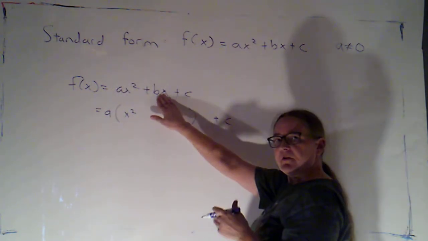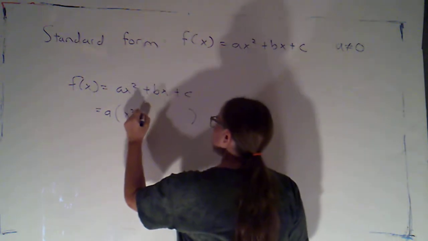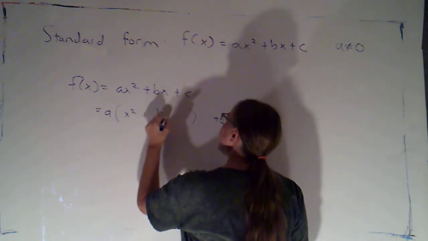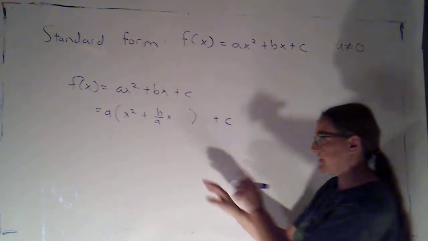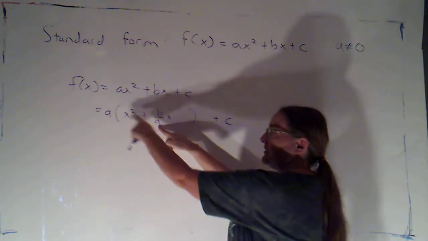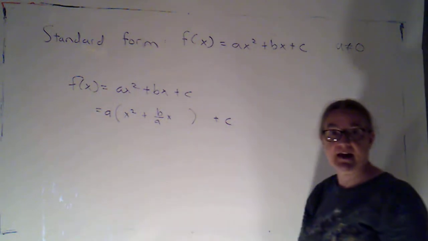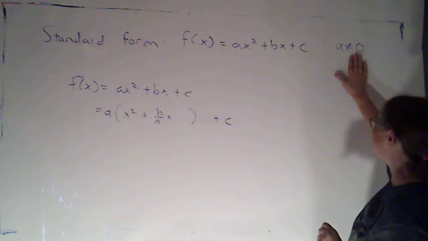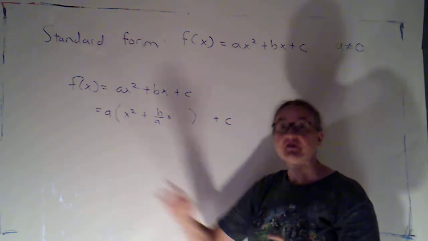Here, I want to remember that factoring out is like dividing out by a. So I'm going to have b divided by a copies of x. If I double check that, if I distributed that a back through, this a would cancel with the a in the denominator, and I'd be back to having b copies of x.